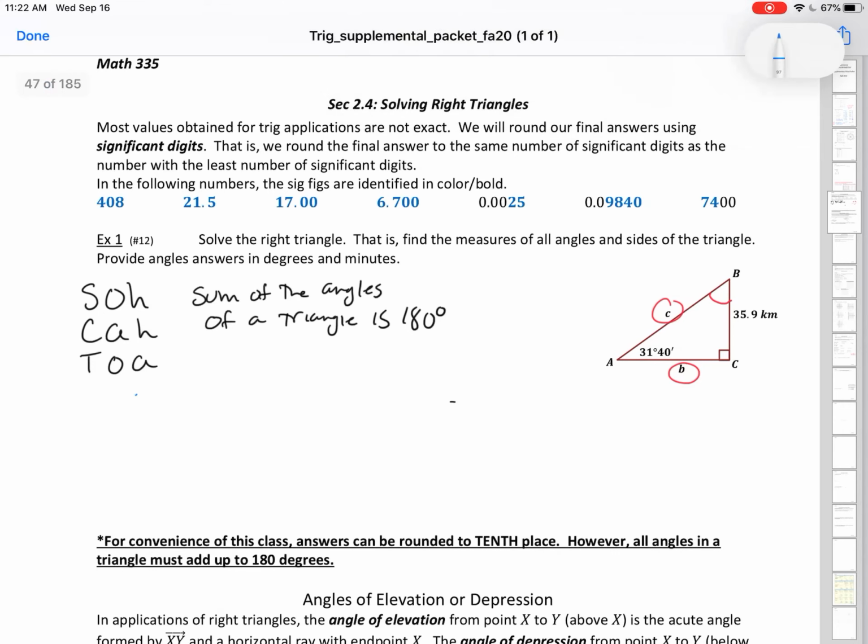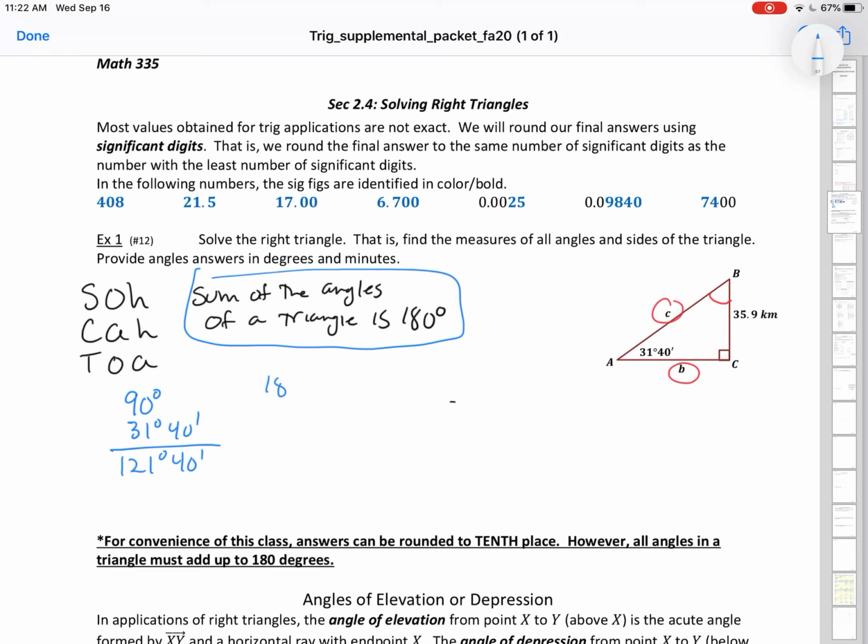What I do know is that the triangle already has a 90-degree angle and a 31-degree 40-minute angle. So now I know there's 121 degrees 40 minutes of angle already taken up. I know that the sum of the angles of a triangle is 180. So all I have to do is take 180 degrees and subtract away the 121 degrees 40 minutes.